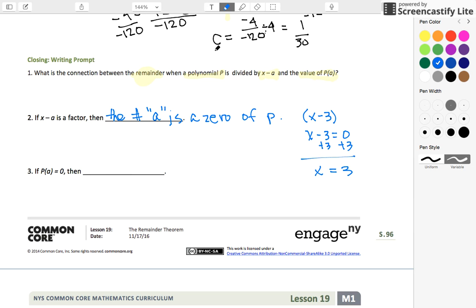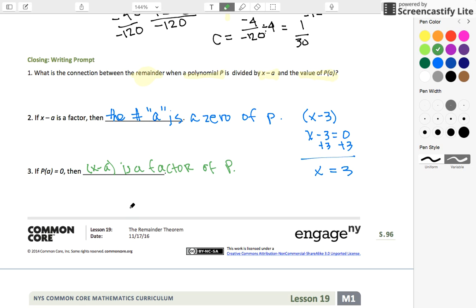Okay, and then for the last one, I'm going to use a different color. It says if p of a is equal to 0, then we can say x minus a is a factor of p.